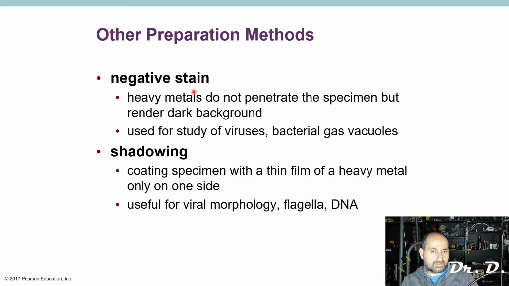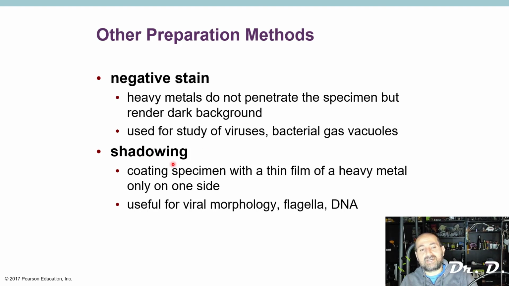You can do negative staining with electron microscopy. Remember, this is where the heavy metals do not penetrate the specimen but render a dark background. So what you would end up with is a dark background coated in the metal dye, and then the light structures would reveal the sample you're looking for.